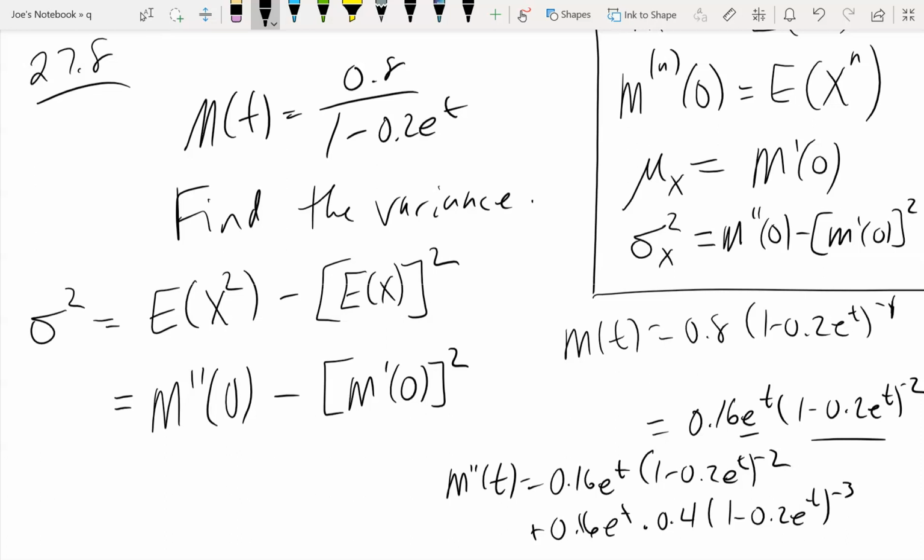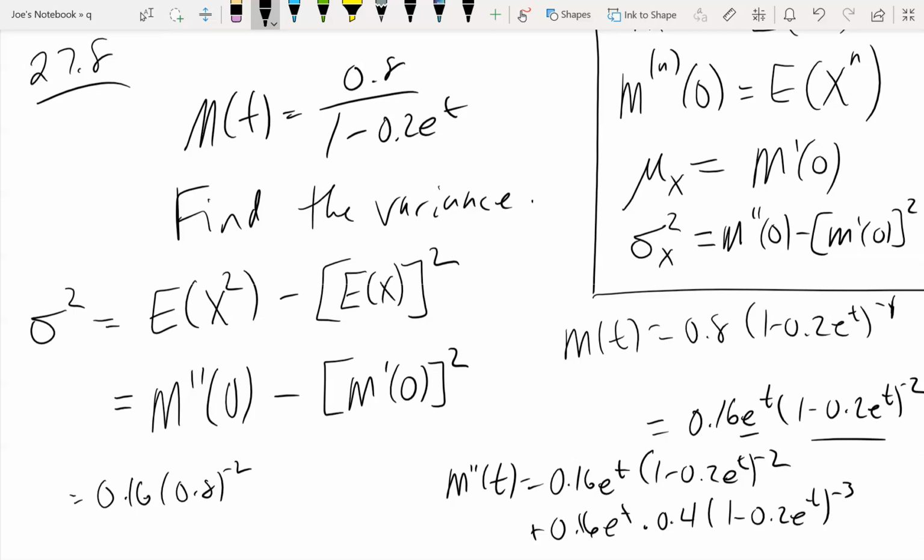All right, so now to find these values that we need, plug in 0 for t. So what do we get for the first one? We'll get 0.16, e to the t will be 1, so then that'll be times 0.8 to the -2.